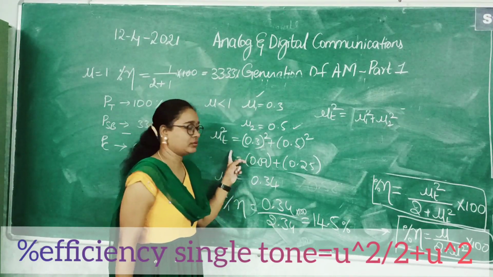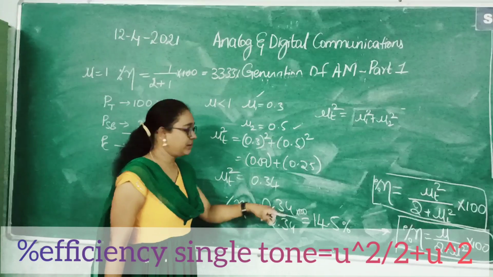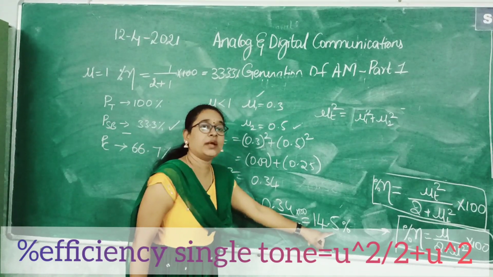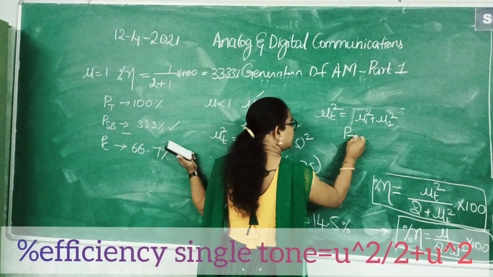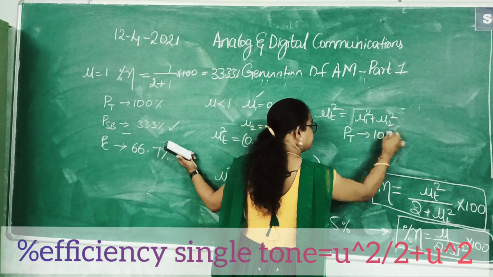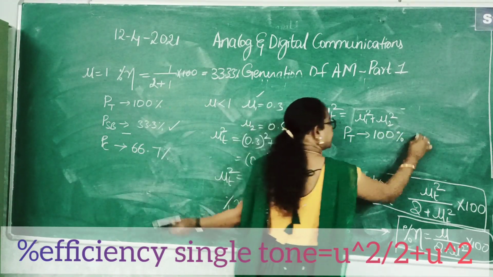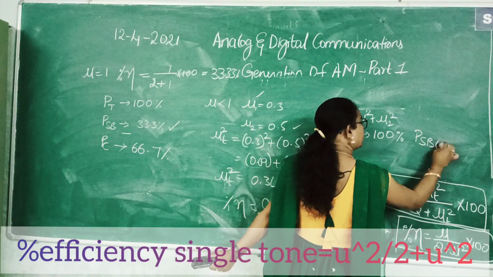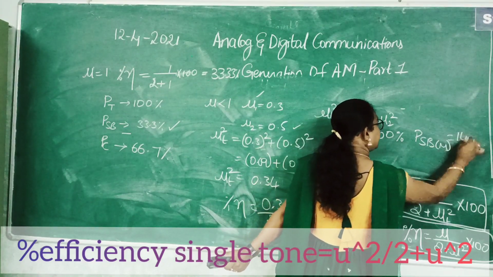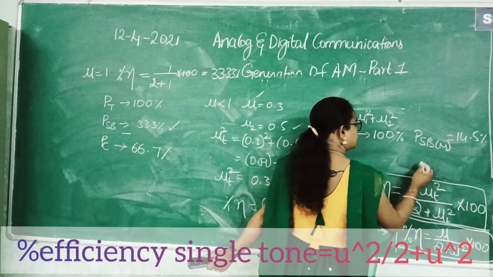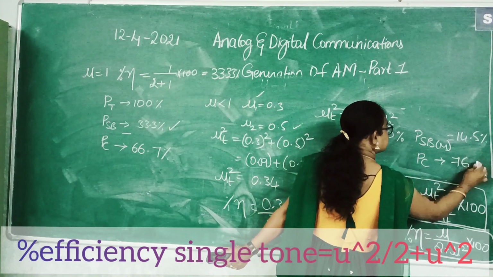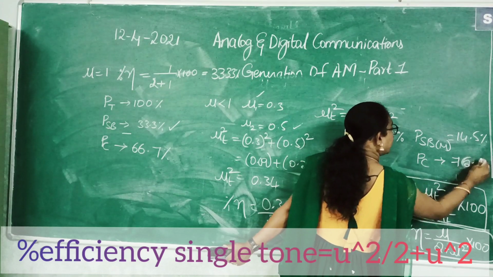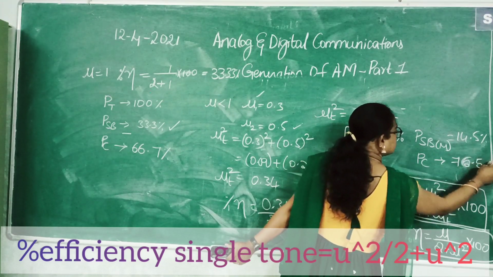Now according to that, if we calculate the percentage of efficiency, we get 14.5% in multitone. That means in multitone the sidebands are carrying 14.5%. So approximately how much is the carrier carrying? Total power is 100%, the sidebands of multitone are carrying 14.5%, so the carrier power is around 75.5%.